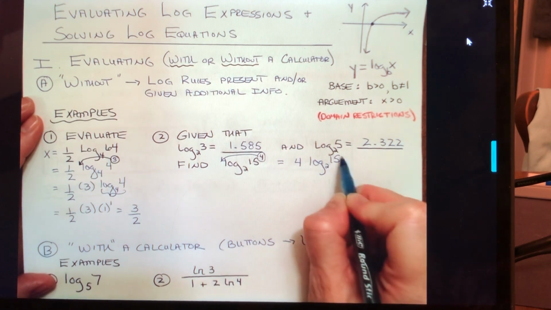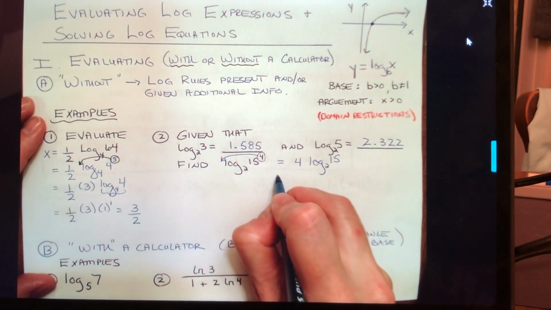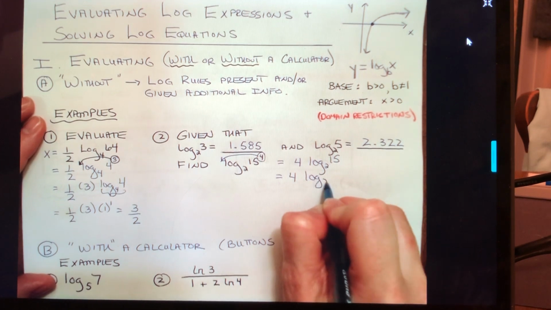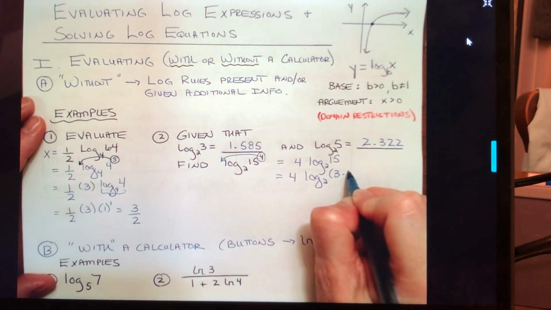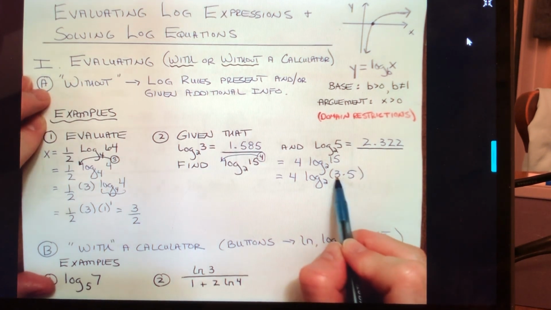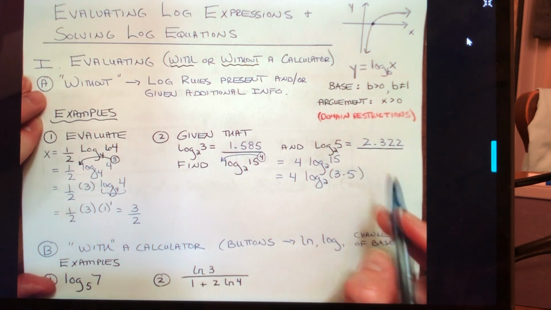In this case, if you think about 15, it is actually 3 times 5. So if I want to rewrite this, I could actually think of 15 as 3 times 5. And now, because I have the log of 2 pieces multiplied together, I can actually use the log rule where I'm going to expand this into 2 separate logs.